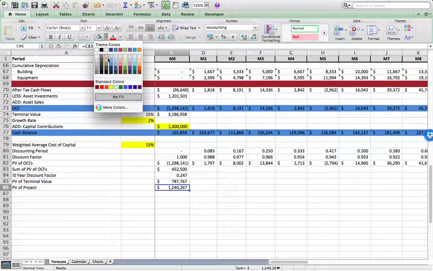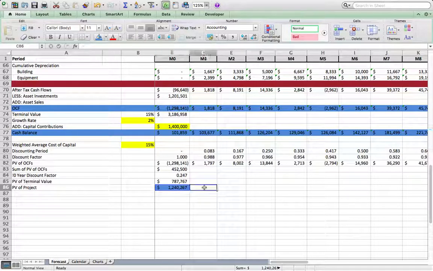And I'm going to hit that with a little blue highlighting because it's an important number. Now, what do I mean it's the value of the project? What I mean is completely separate from the idea of how you're going to raise the money to handle that initial cash flow of about 1.3 million, this amount right here, right?